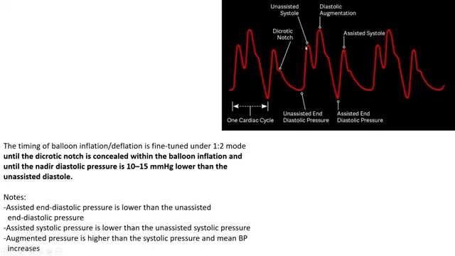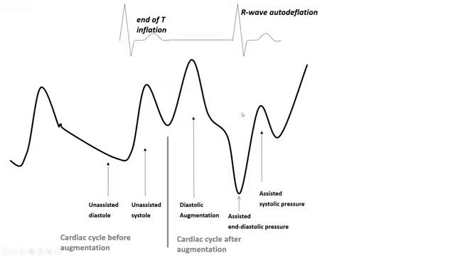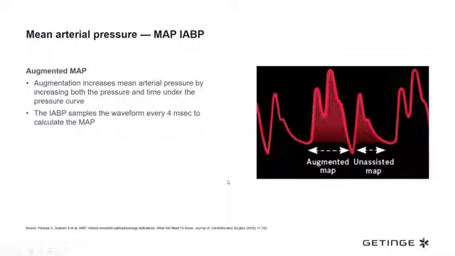No, this is the unassisted systole. The assisted systole is the systolic pressure that will follow augmentation, the next cardiac cycle. Now, if you're on 1-to-1 mode, then of course every systolic and diastolic pressure is assisted. But in 1-to-2 mode, the assisted systolic and diastolic pressures are the ones that follow augmentation. The ones that precede it are unassisted, and you compare those two.